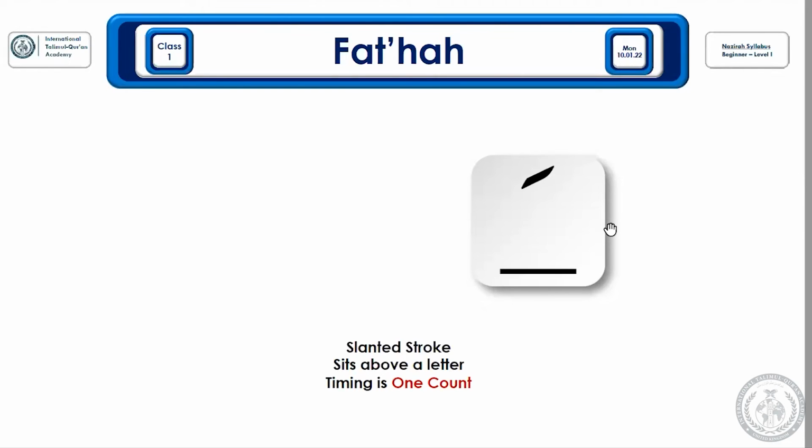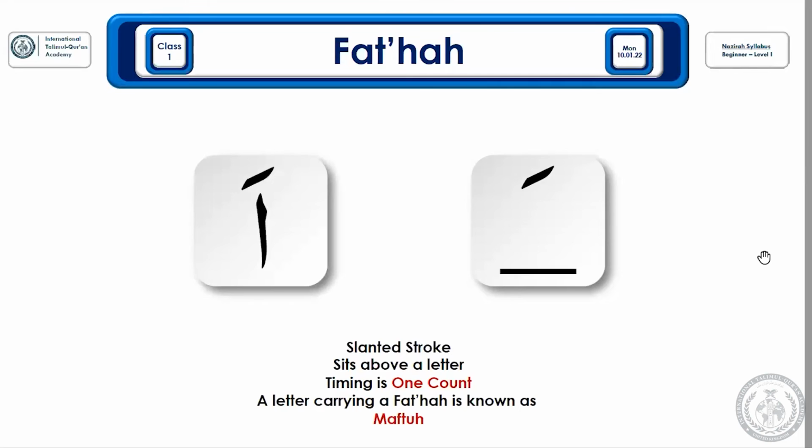So 1 count. If you have a look here, I have an alif. On top of it, there is that slanted stroke, which I know is a fatha because it's slanted and it sits on top of the letter. Whenever I see this stroke on top of a letter, I must recite it for only up to 1 count.